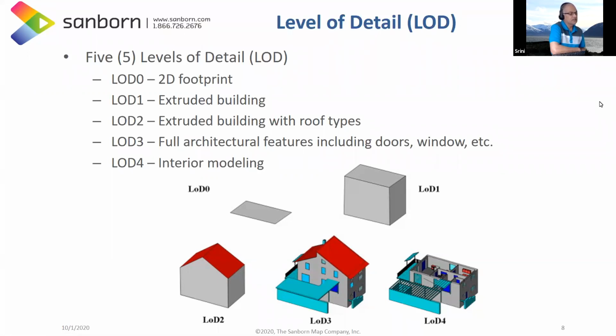The LOD 1 is primarily an extruded building, and LOD 2 is an extruded building with the roof types. And LOD 3 is full architectural features, including doors, windows, etc. And LOD 4 is purely interior modeling. So what you are seeing in the picture are the various examples of LOD 0 to LOD 4, and we will talk more in detail in the subsequent slides.